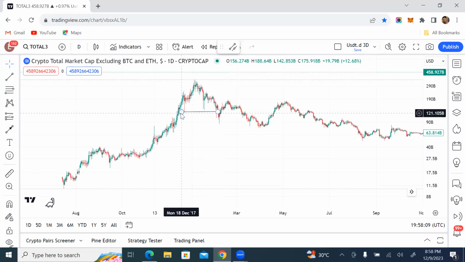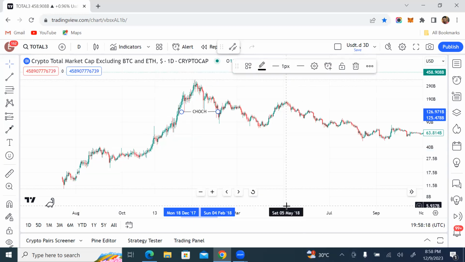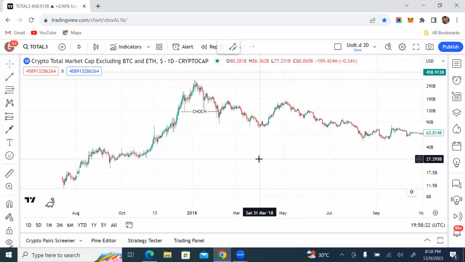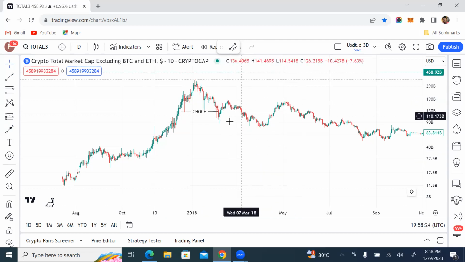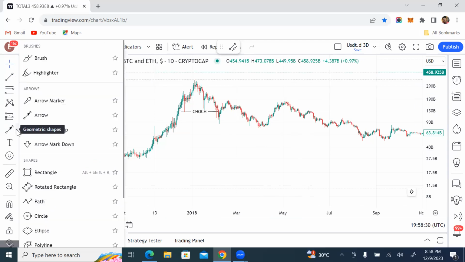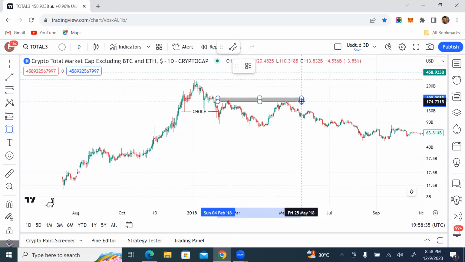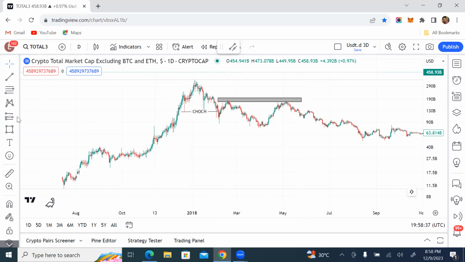So that place has been taken out. We now have a change of character, which is CHoCH. Now that we have our CHoCH, price has started rallying back. You can see price came back somewhere around here, but could not break through to the upside.